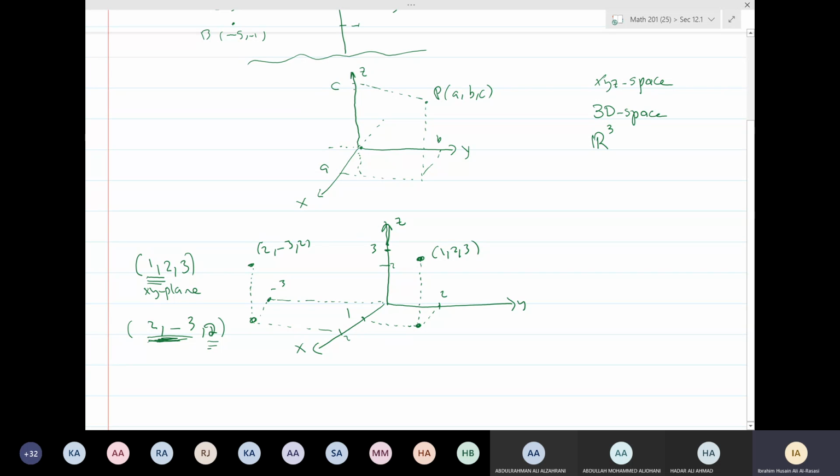So this is how to locate points. Always start from the xy coordinates. The point in xy coordinates will lie in the xy plane in the floor. Locate that point, and then you go up or down along the z-axis, depending on whether the z coordinate is positive or negative. Go up if it is positive. Go down if the z coordinate is negative. This is how to locate points.